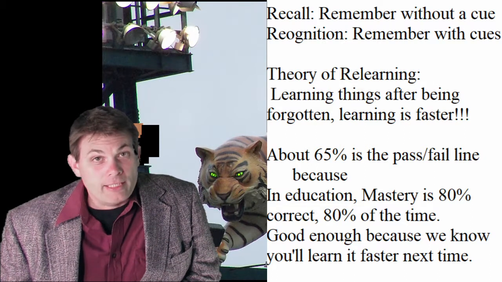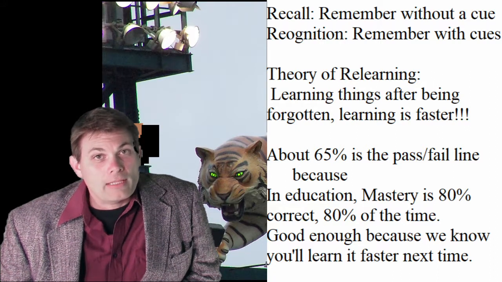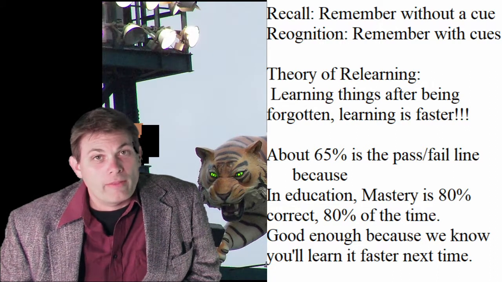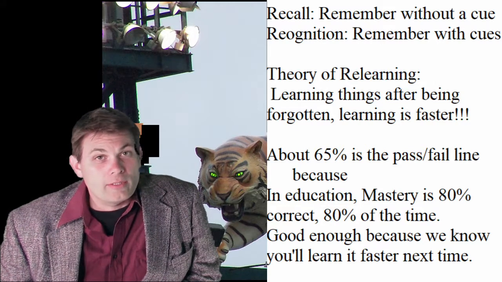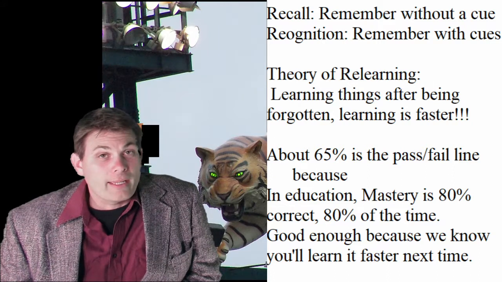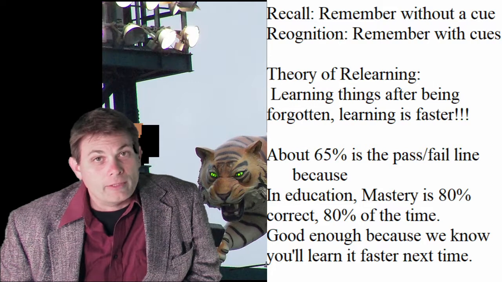Then you have recognition, which is essentially a multiple choice test, where you have options to choose from. And one of those options probably makes you remember the thing that you're trying to remember. You get a cue. So recall, there's nothing to cue you into the thing, you just have to remember it. In recognition, you're given a major cue to remember it, and then you remember it.